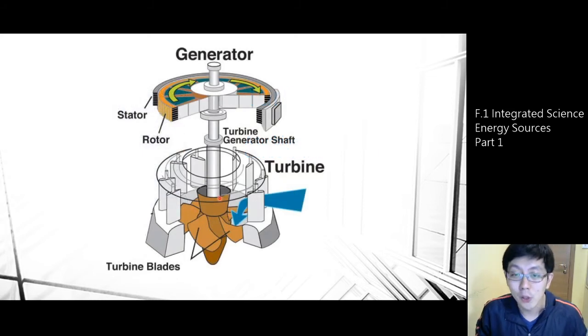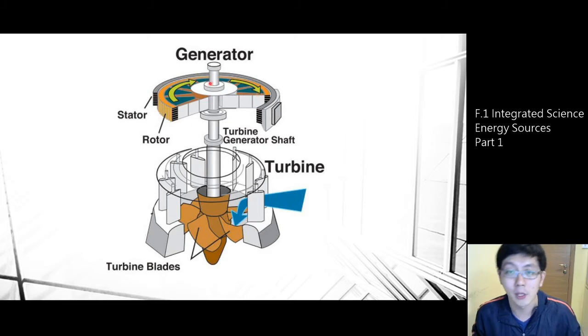If we connect the turbine to a generator and we can turn the generator, it can generate electricity. If you study physics in Form 5, you will learn more about how to generate electricity. But at Form 1 level, we just focus on how to turn the turbine in order to obtain electricity.